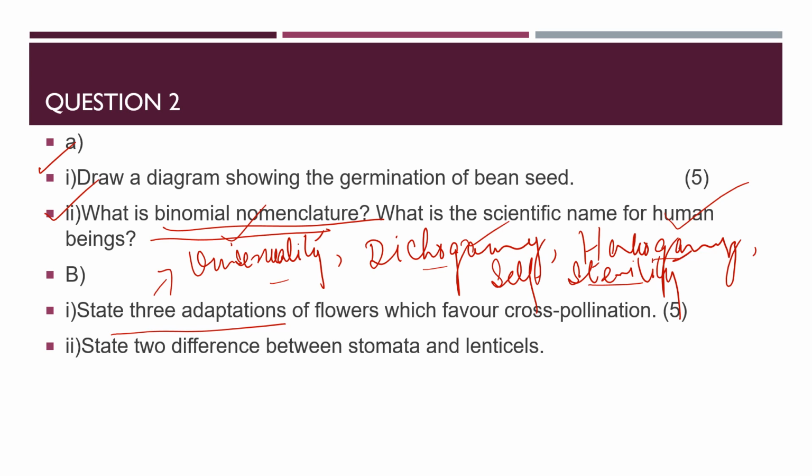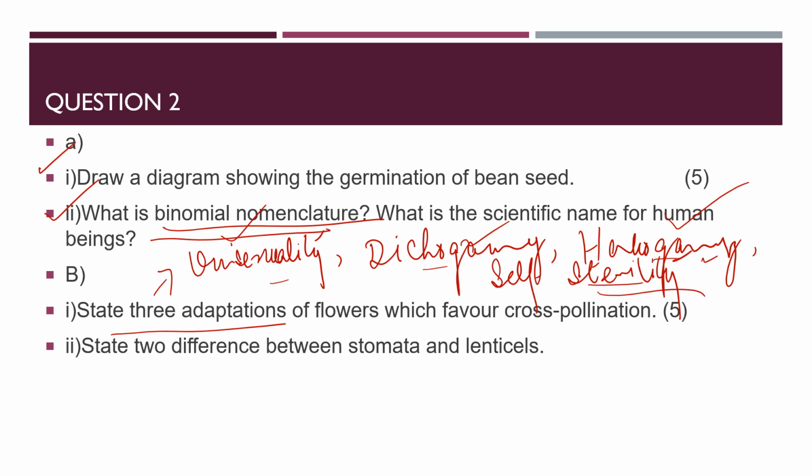Now self-sterility: if the stigma receives pollen from the same flower, the pollen is unable to germinate and grow. Only pollen grains from different plants are able to germinate. So this is called self-sterility. In this way you should discuss one line each.